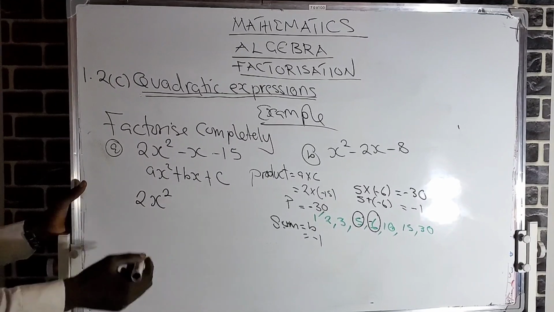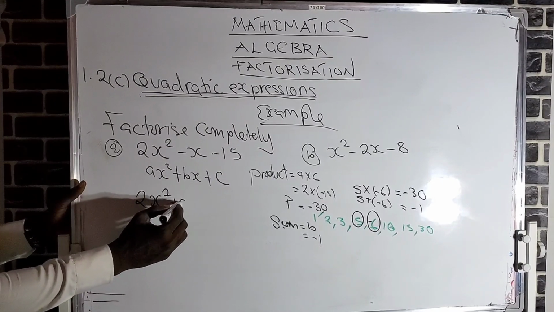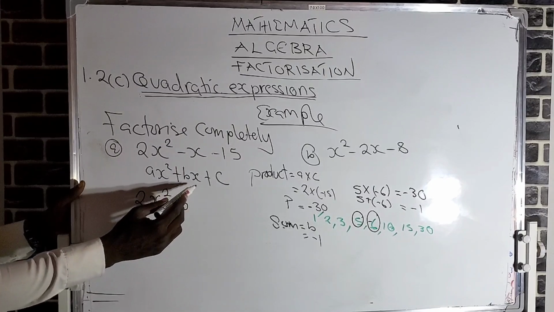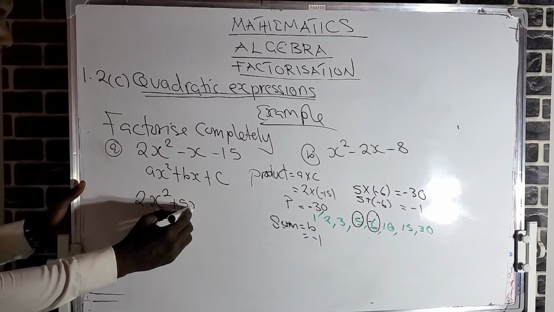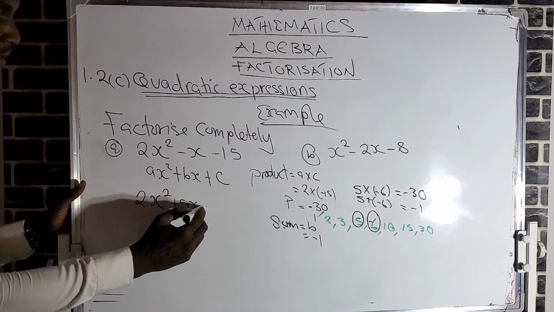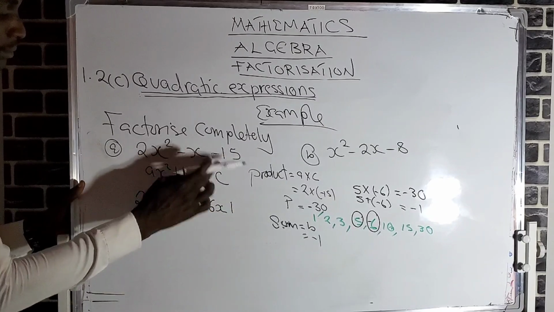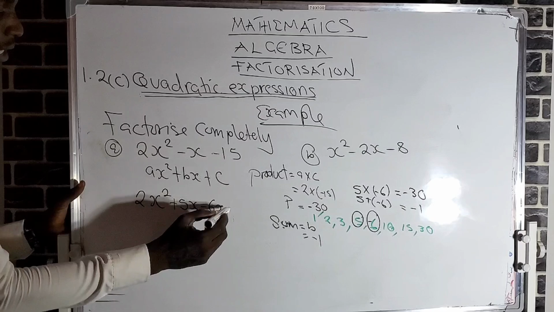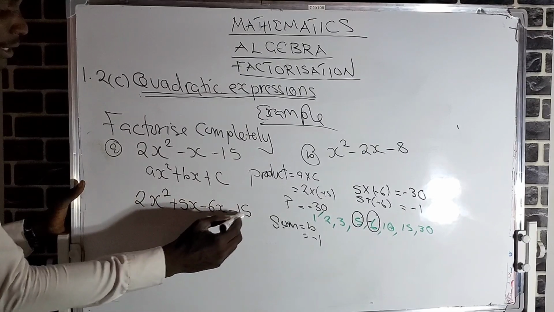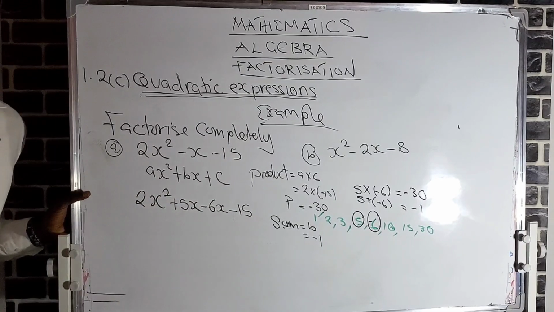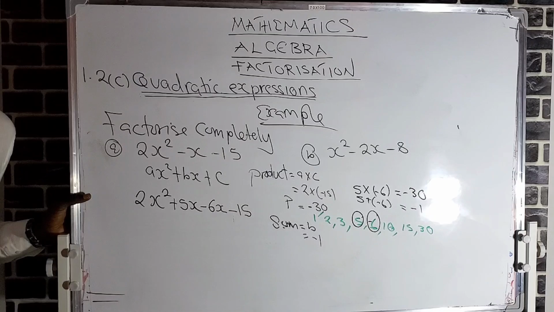Me, I will just start with 5, but remember to add an x, whichever variable is there. Yes. 5x, and that one is negative, so it will be just minus 6x, minus 15. Now we have how many terms? 4. We can factorize by grouping.